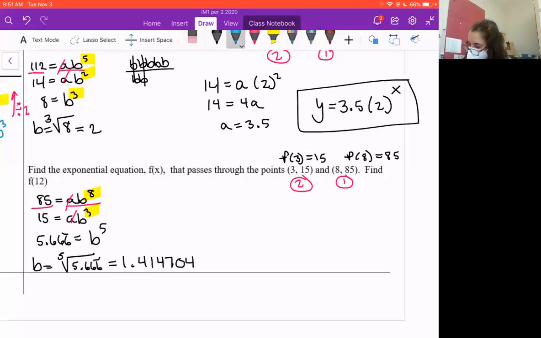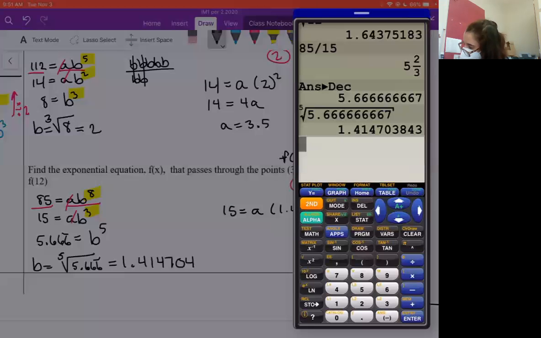Okay, my A value, I take either one of those original equations, for example, 15 equals A times B to the third. It's my second equation. You can use the first or the second, doesn't matter. So I got to multiply that to the third, and I've got that number sitting right there, so I'm not even going to type it in.